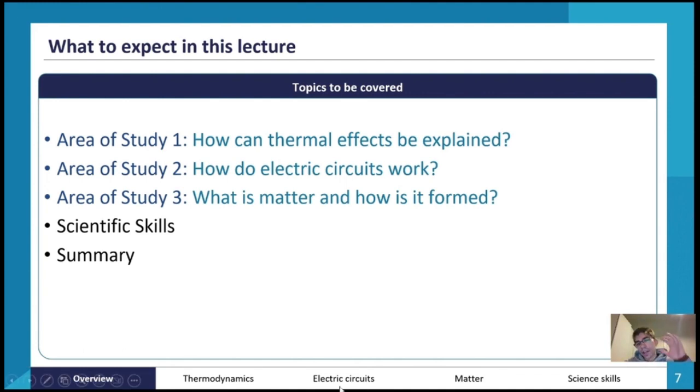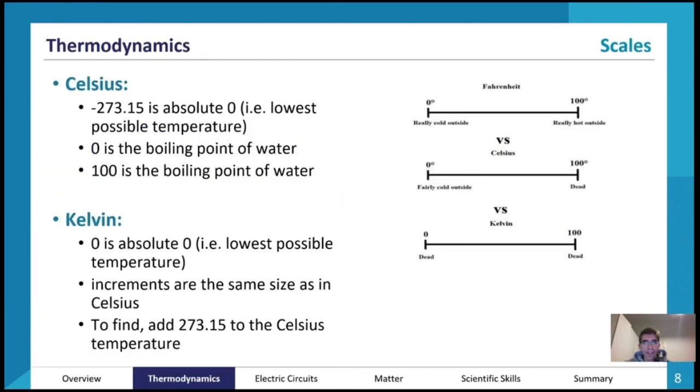Because I have included a lot of practice questions, probably most of the variations that may come up, but obviously not all of them because I don't know everything, right? I don't write the exam. I'm super excited to go through the electric circuits part, but let's start slowly with thermodynamics.